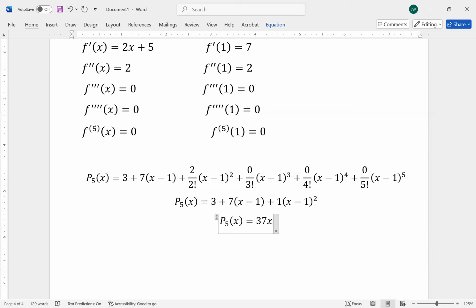7 times x minus 1 is 7x minus 7. And then when I expand out x minus 1 squared, I get plus x squared minus 2x plus 1.